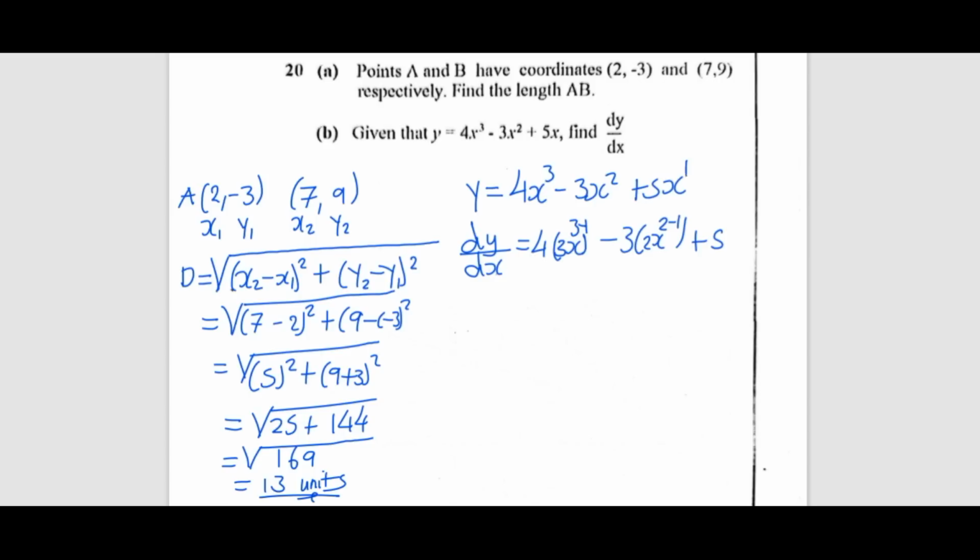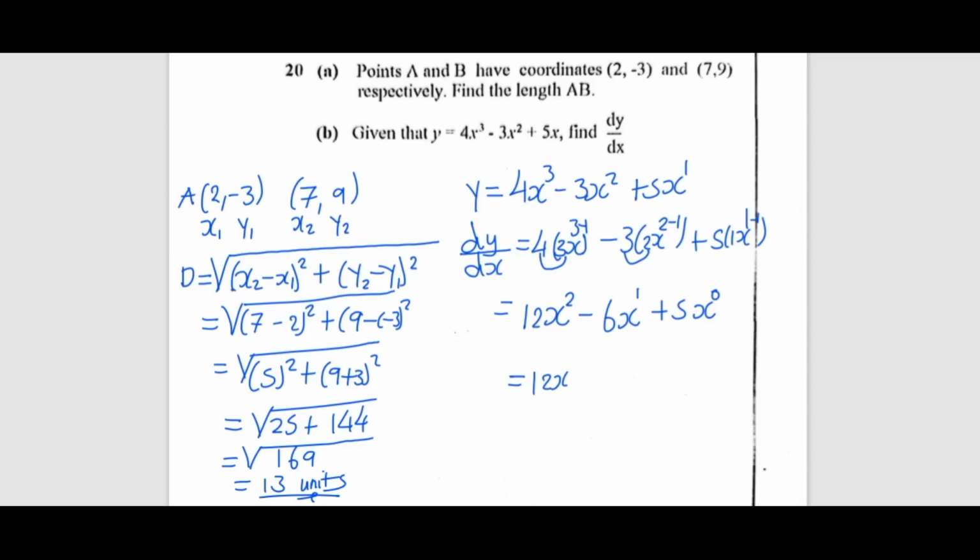The derivative of x raised to the power 1 is just 1, so we bring 1 down, then 1 minus 1. Then if we expand, 4 times 3 will give us 12x. 3 minus 1 is 2. 3 times 2 gives 6x raised to the power 1, plus 5 times 1 is 5, raised to the power 1 minus 1 is 0.